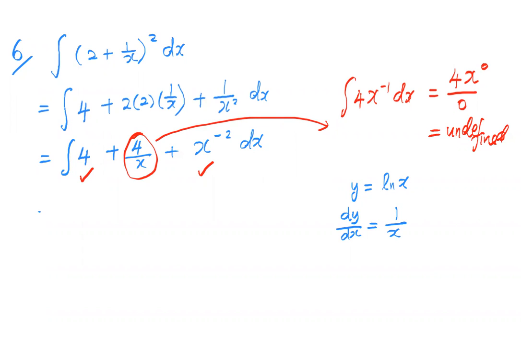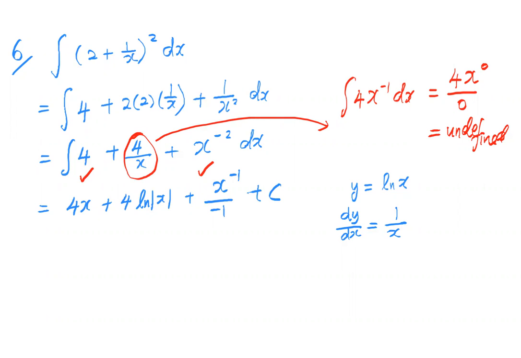So then we can settle this. This is 4x plus 4 ln. Every time we use ln, we make sure whatever is in the ln must be more than 0. So we put a modulus there.